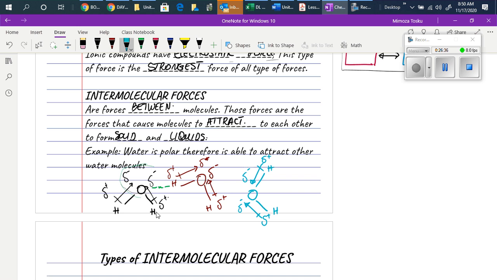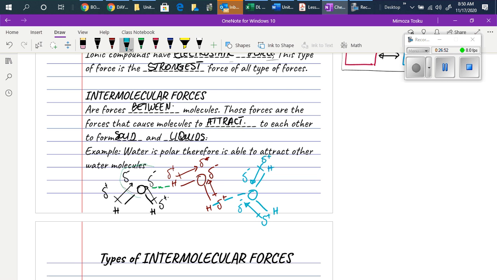So now what is happening is that this oxygen is attracting that other atom of hydrogen and creating this intermolecular force here.